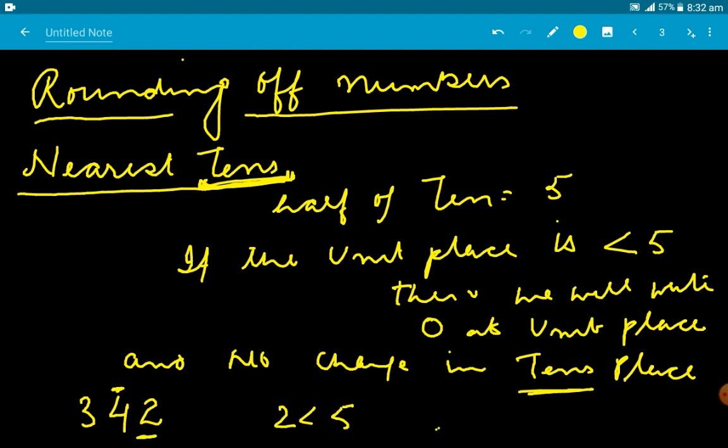So this number will be rounded off to 340 because the ones digit is less than 5. So always keep in mind, when rounding off to tens, just see the digit written in the ones place.